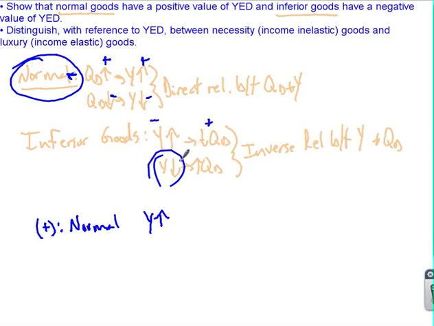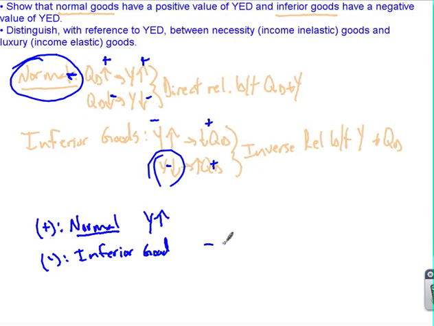Here we have different signs. That goes down, that goes up, and so if it's a positive number, then it's a normal good, and then we can clarify whether it's luxury or necessity. If it's a negative number, it's an inferior good. All right, and the bigger the number gets, the more sensitive the product is to people's change in income.